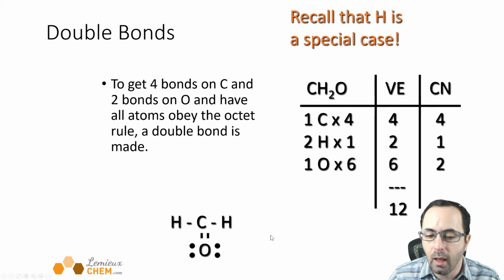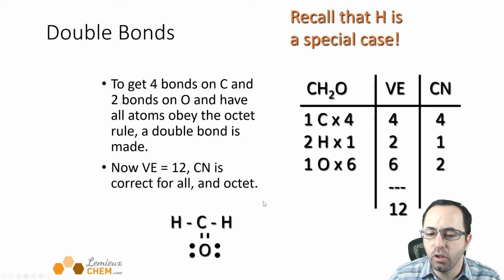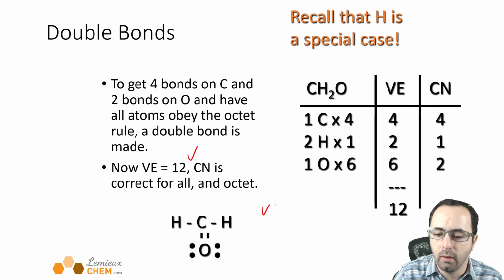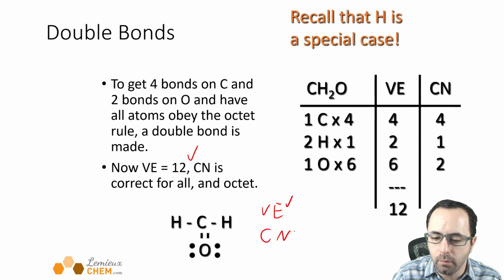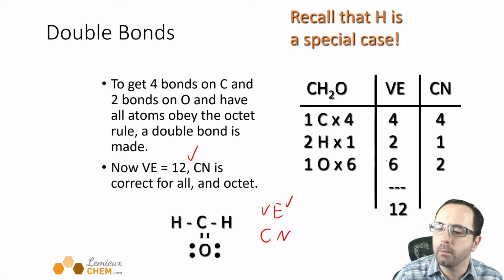So let's check now. We'll do our three checks here. We're going to check for valence electrons. 2, 4, 6, 8, 10, 12. Valence electrons is 12. Okay, valence electrons we checked. Covalence number: for hydrogen, covalence number is 1. Okay, covalence number is good right here.